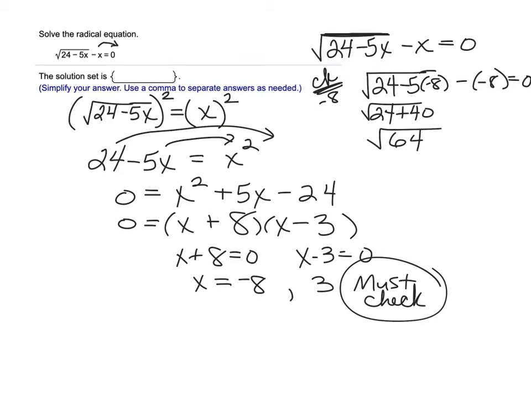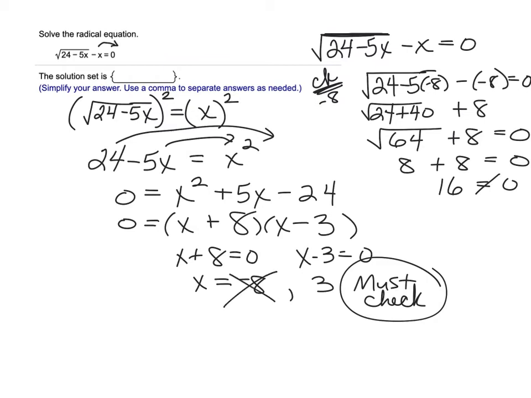And then minus negative 8 is plus 8. So square root of 64 is 8 plus 8. I get 16. 16 does not equal 0, right? This is one of those cases where this was a false positive answer. That one did not work.